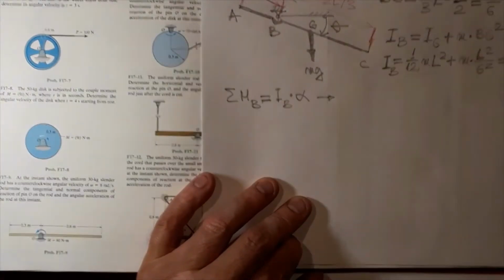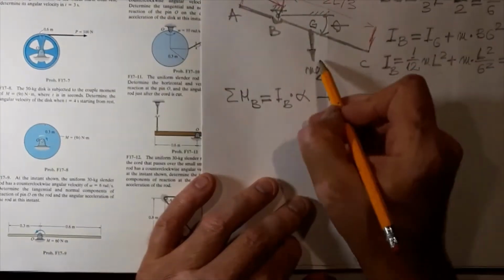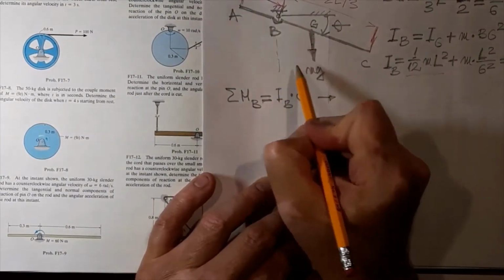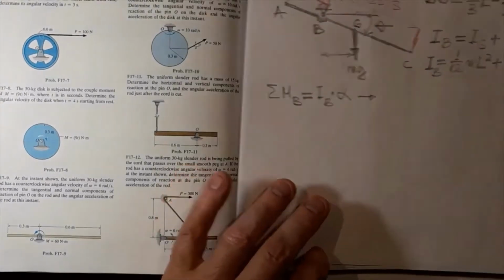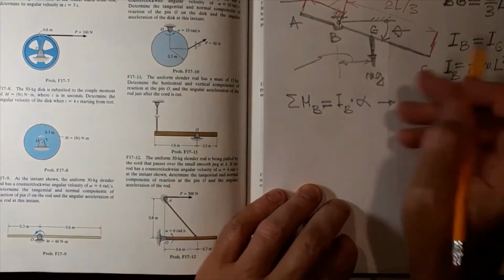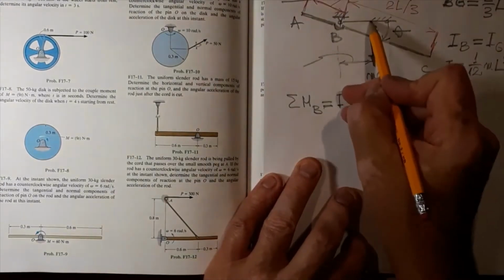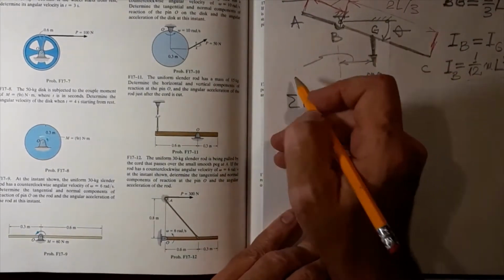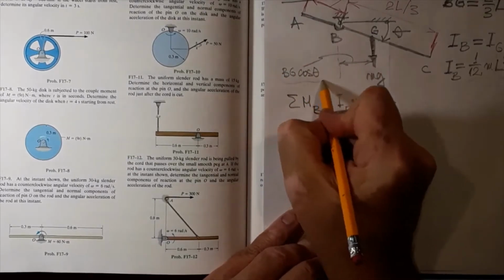So I have the sum of moments, that will be the gravity, and we calculated this. The arm of the force, and I need to write it as a function of theta, is BG cosine theta. Okay, the arm of the force.